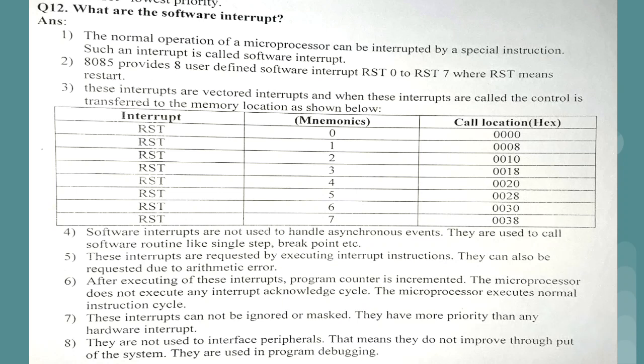By disconnecting a particular peripheral device, we can stop the interrupt or the interference of the device. But here the microprocessor itself is generating the signal, so we don't have any such option. So they are used in program debugging.